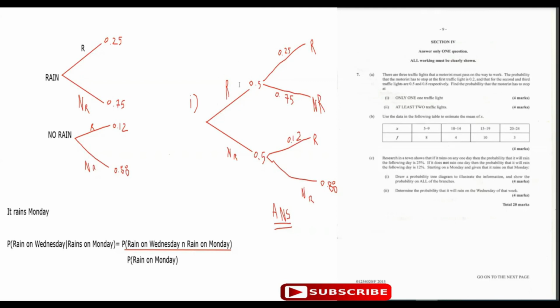The chances of it raining on Monday is 50%, so this works out to be 0.5. Now, given that it rains on Monday, we want to find the chances of it raining on Wednesday.